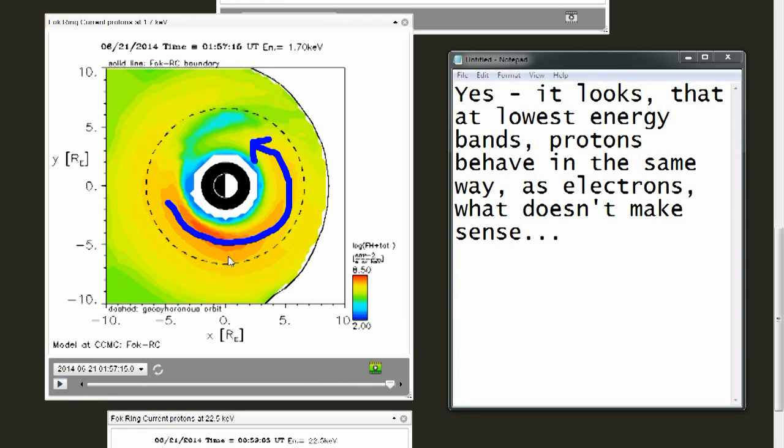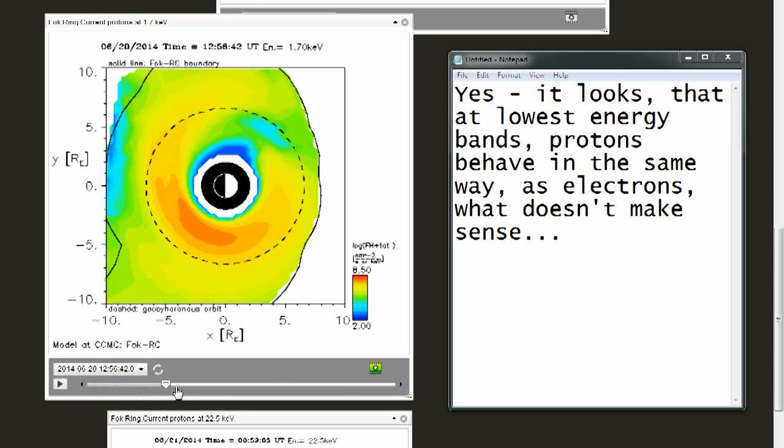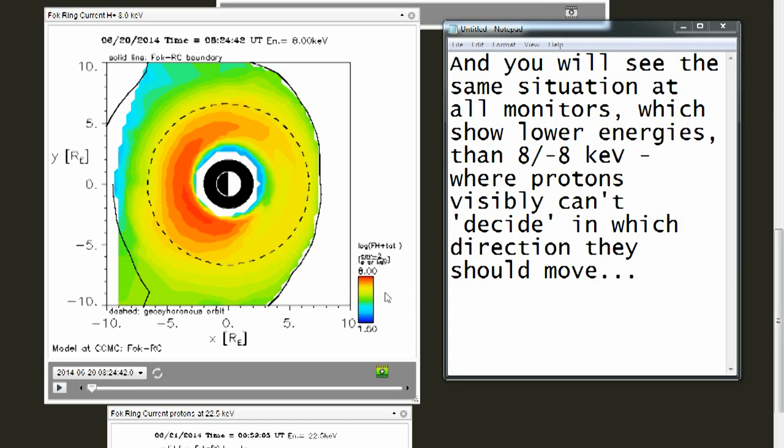Yes, it looks like at the lowest energy bands, protons behave in the same way as electrons. What doesn't make sense? And you will see the same situation at all monitors which show lower energies than minus 8 kV, where protons visibly can't decide in which direction they should move.